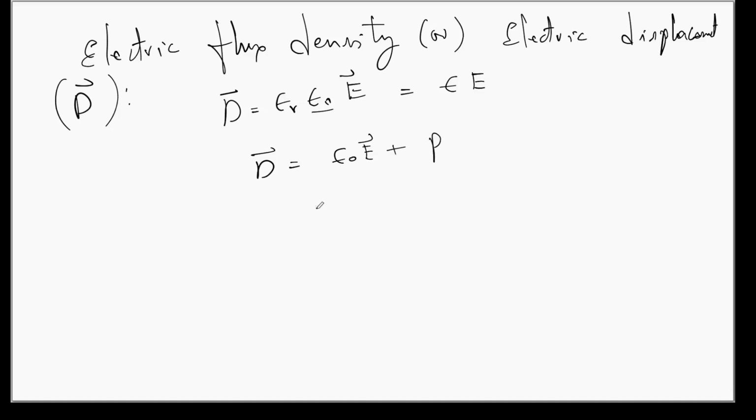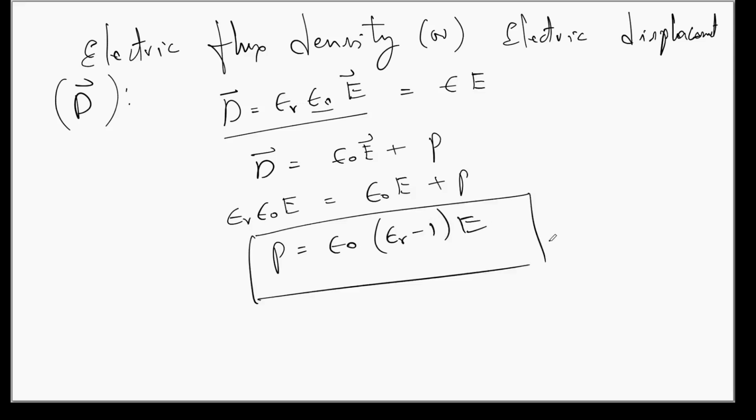And we know that D is equal to epsilon R epsilon 0 E. So you write epsilon R epsilon 0 E is equal to epsilon 0 E plus P. So you write the polarization P as epsilon 0 into epsilon R minus 1 into E. In this fashion also one can express the polarization vector.